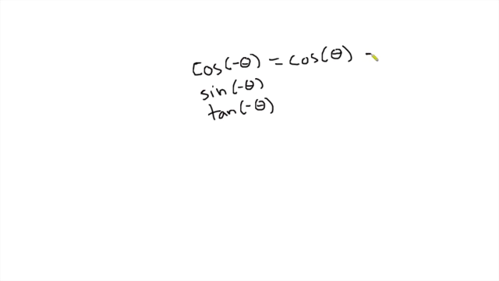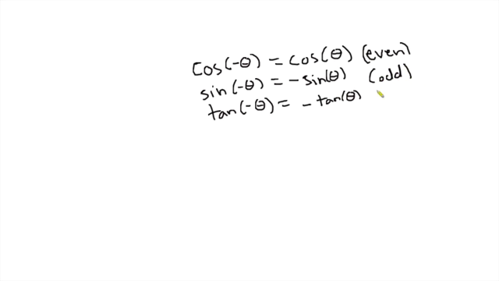Actually, it means that it's an even function. If you remember even and odd functions. Sine and tangent, you take the negative out. So this becomes negative sine theta. And this becomes negative tangent theta. And these are odd functions.